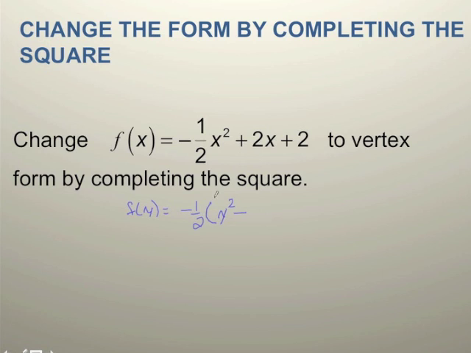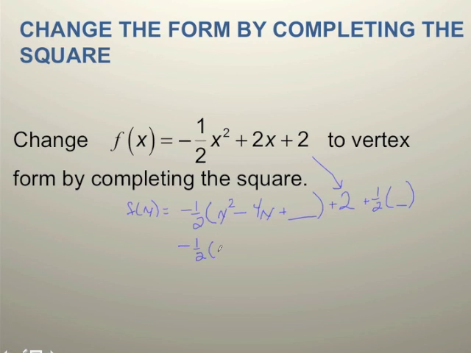And 2 must be half of something. It's half of 4. x plus, here's where I'm completing my square. I keep this plus 2 on, and then this is a subtract, so I'm going to make it add a 1/2 times the same thing I add in here. So it's a negative and a positive. They will cancel each other out.